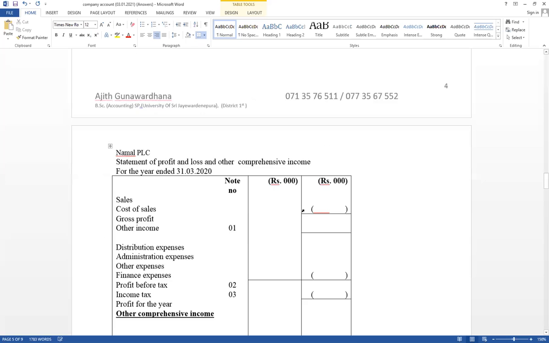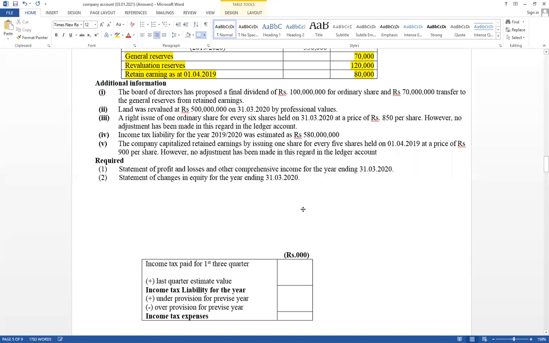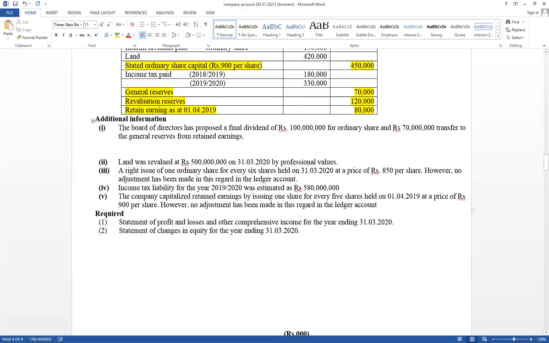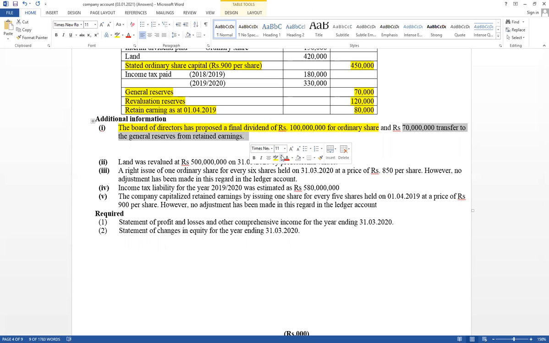Right, think about additional information, first one. The Board of Directors has proposed final dividends of 100,000 for ordinary shares. This is the first part. Think how to adjust. And 70,000 is transferred to the general reserves from retained earning. This is the second part.